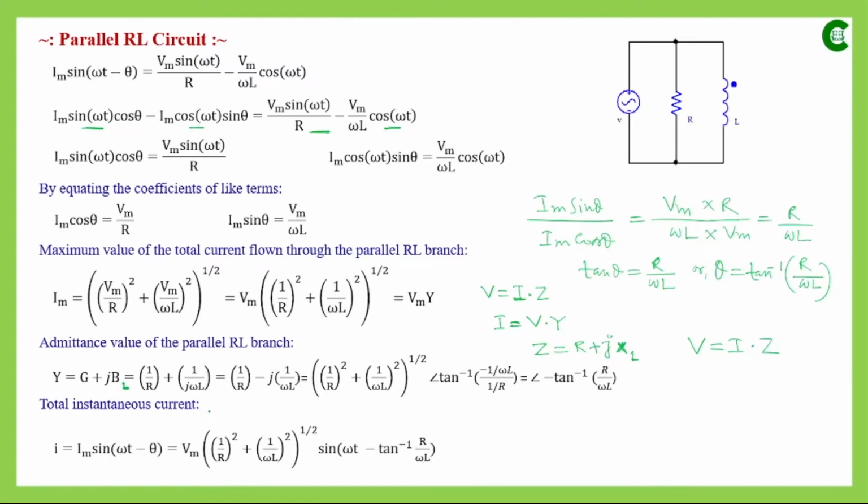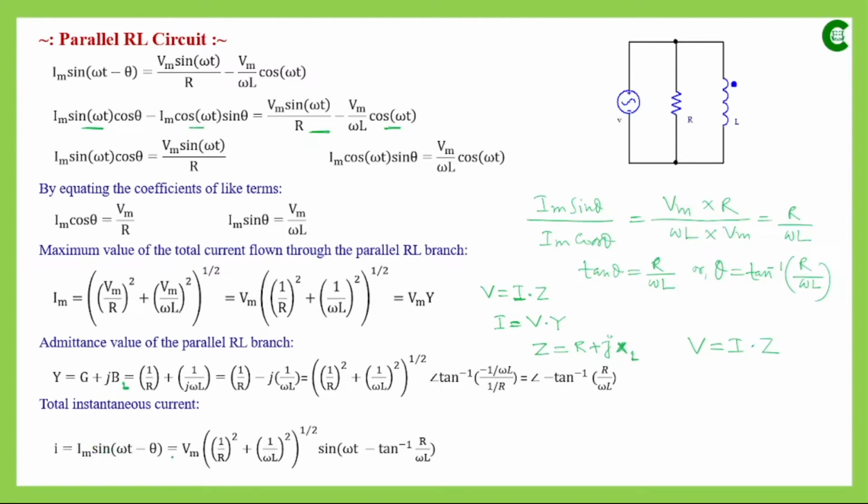Now for the total instantaneous current, we have already found the peak or maximum value of the total current, and it will again be expressed in terms of a sinusoidal signal. So I, the instantaneous current, will be written as Im multiplied by sine omega t minus theta. This expression we have already seen in the previous slide.